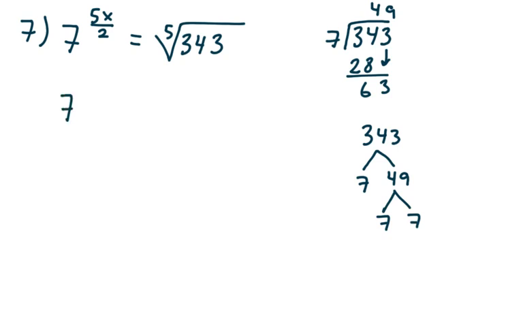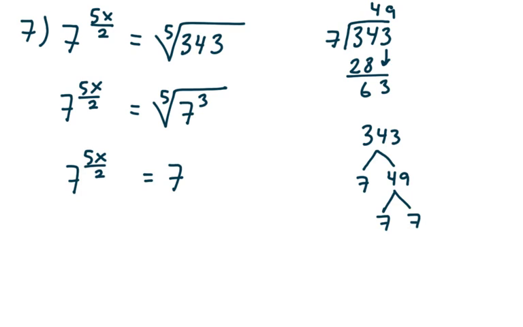So on the very next line, I'm going to write 7 to the 5x over 2 is equal to the 5th root of 7 to the 3rd. So 7 to the 5x over 2 is equal to 7 to the 3/5.